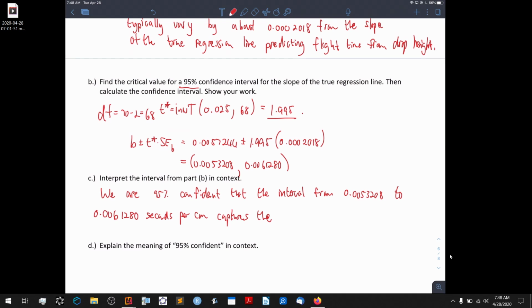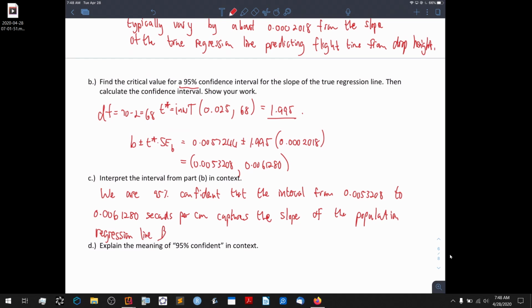Now what is it that we're doing here? We're trying to estimate the slope of the population regression line. Okay, so captures the slope of the population regression line beta.